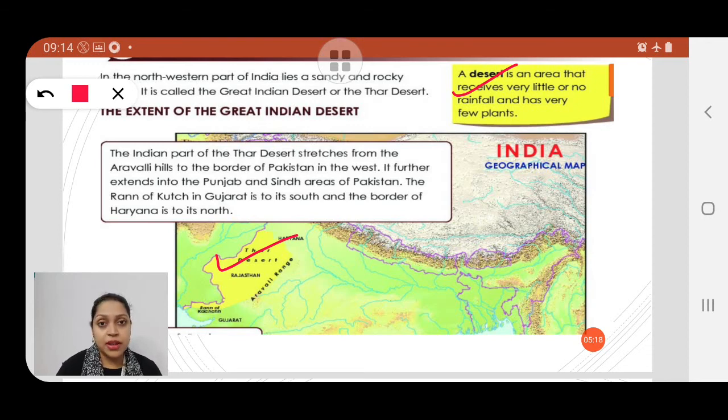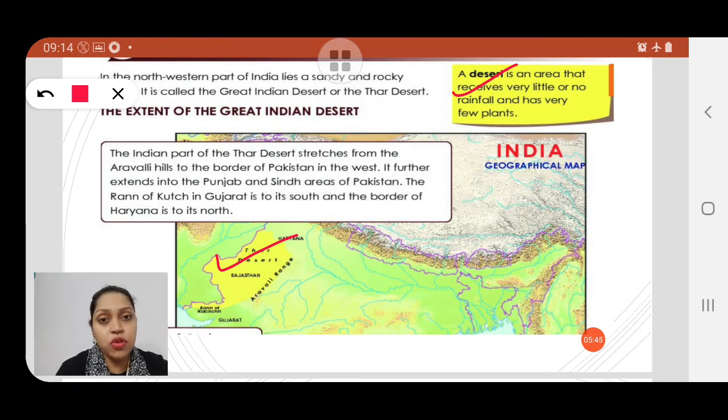But after partition, some portion of Punjab went to Pakistan and some portion remained in India. So the desert extends to the Punjab area of Pakistan also, and also to Sindh. Then the Rann of Kutch in Gujarat is to its south, and the border of Haryana is to its north.